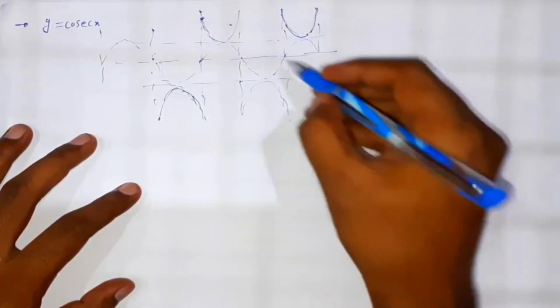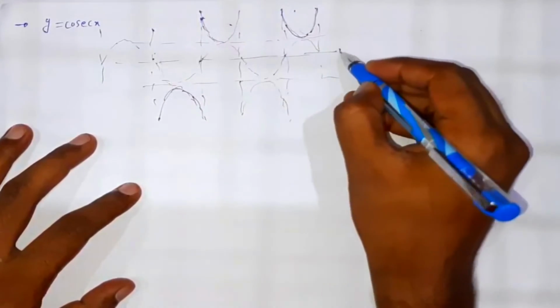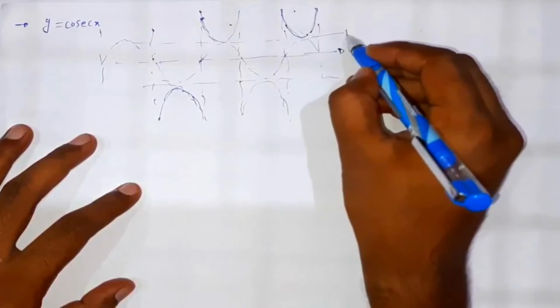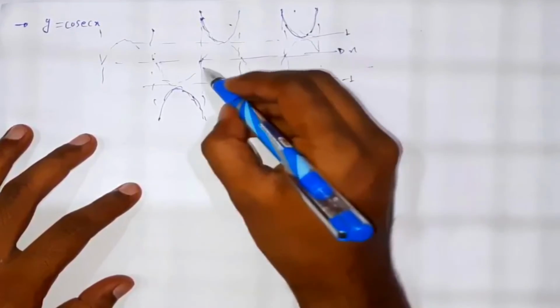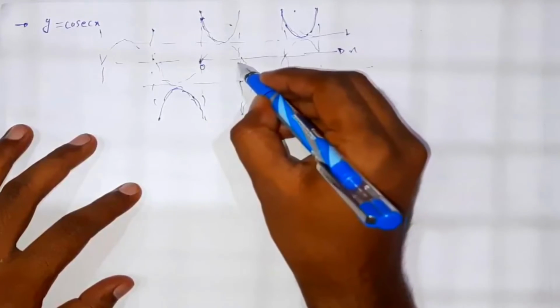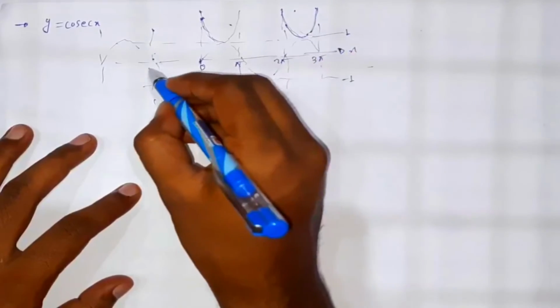These reverse domes are the graphs of cosec x. So here this is the y equals 1 line, this is the minus 1 line, this is the origin, this is pi, this is 2 pi, this is 3 pi, minus pi.